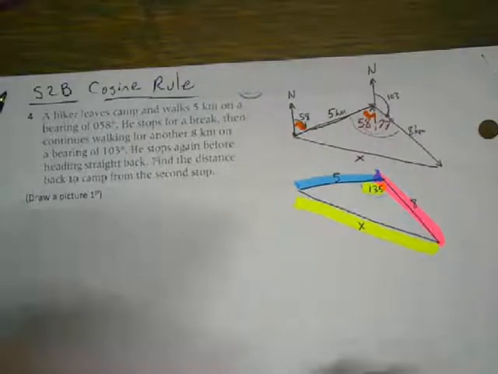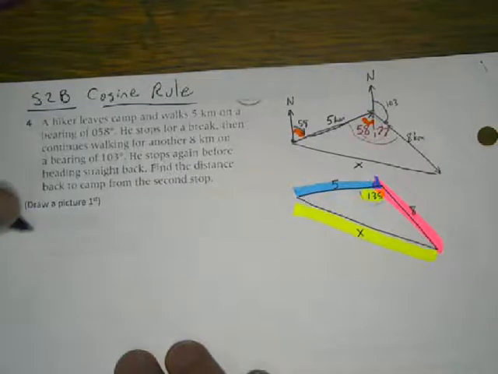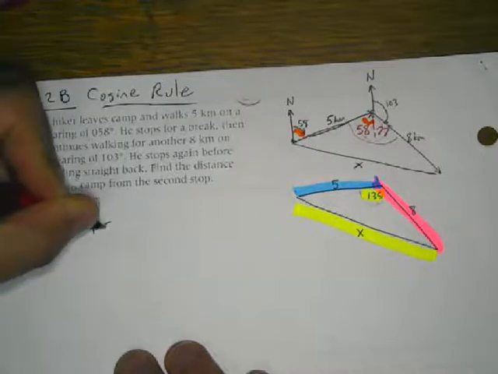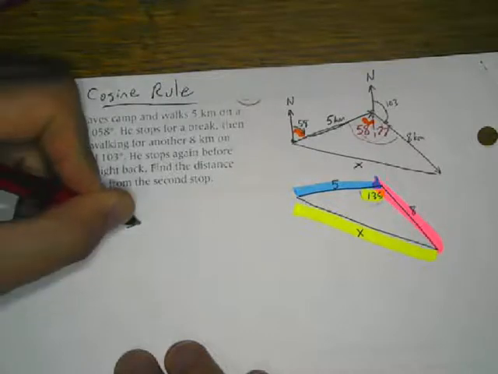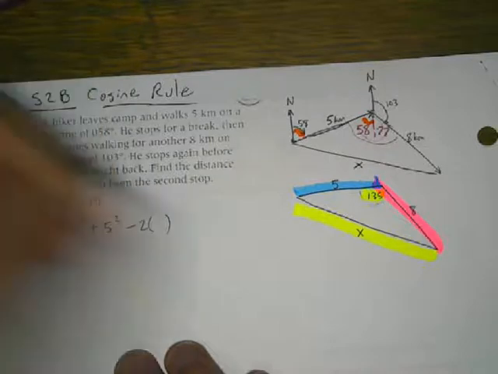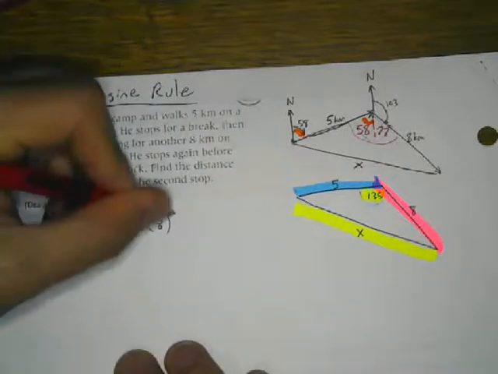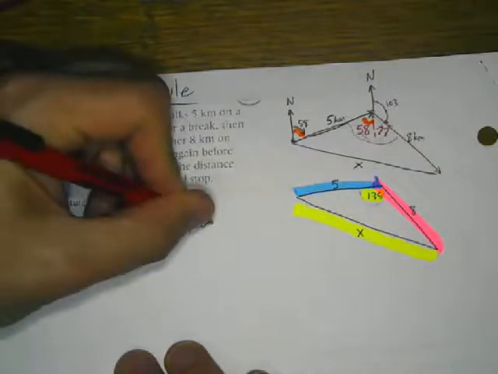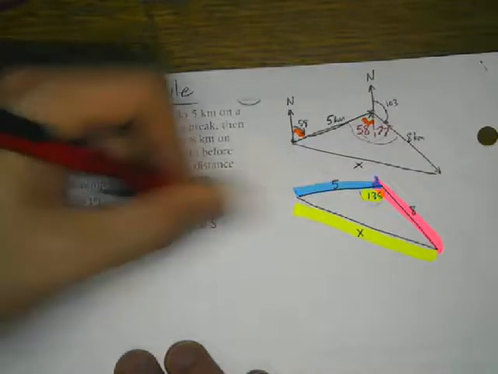So we're going to have the same relationship. I'm going to say x squared equals 8 squared plus 5 squared minus 2 times 5 times 8, and then cosine, the angle is 135.